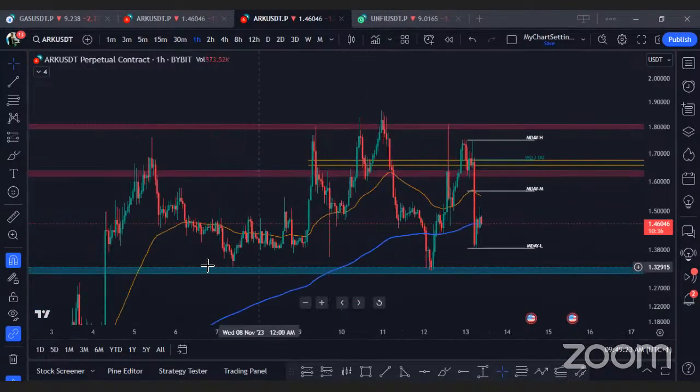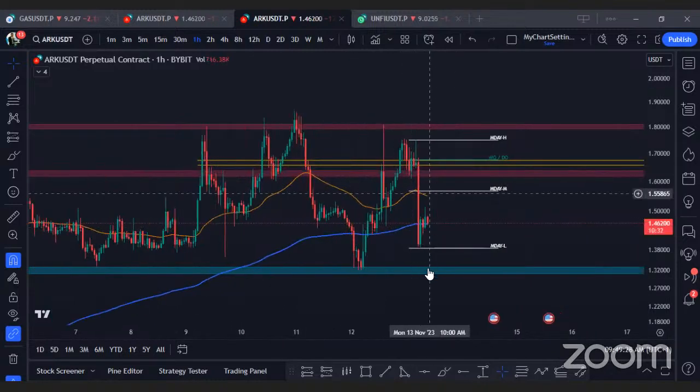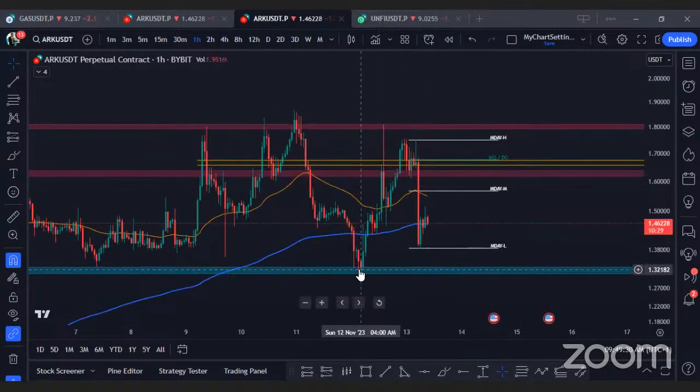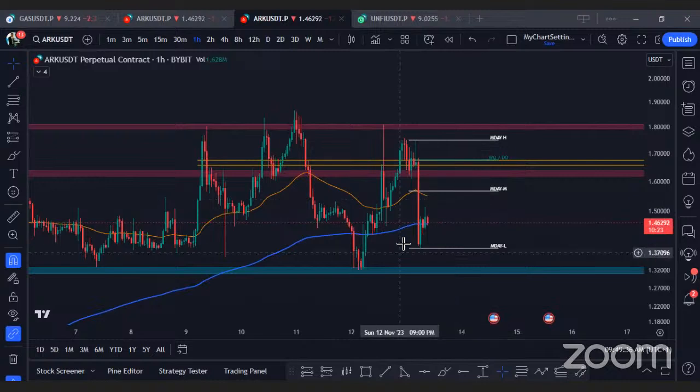You can equally look at 1.31, that's what we support to. So if this comes back there, that could be another good area to take a trade off.